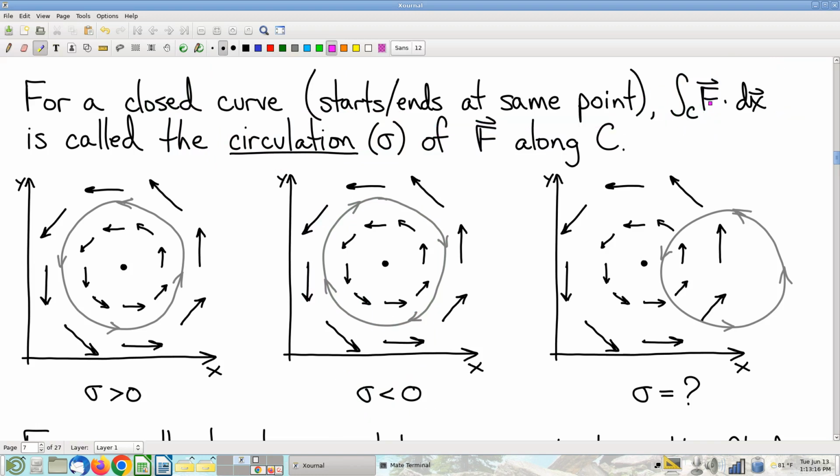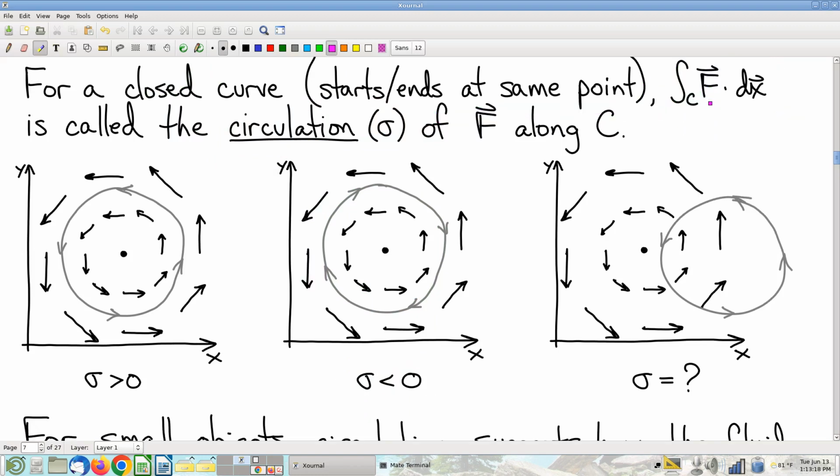And, unfortunately, bad news. Sometimes it's really hard to tell. If we're looking at this curve right here, for example, oriented as shown, the fluid looks like it's kind of pushing clockwise-ish, at least along that part of the curve.